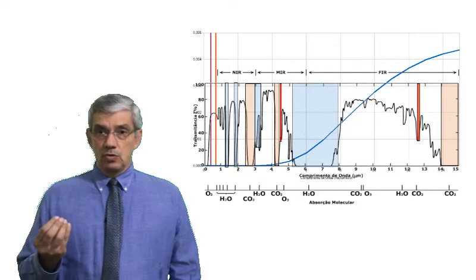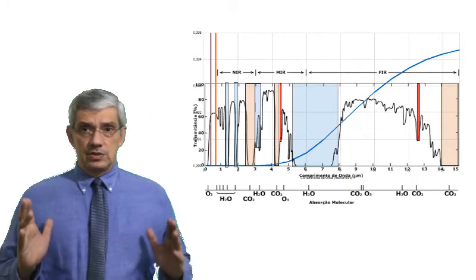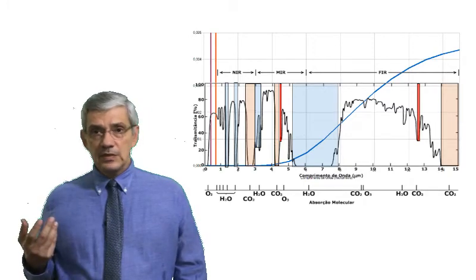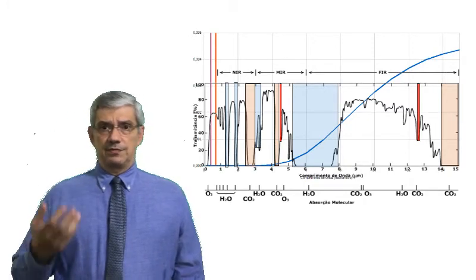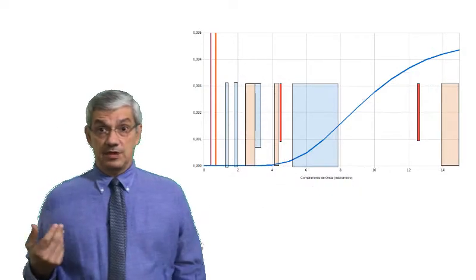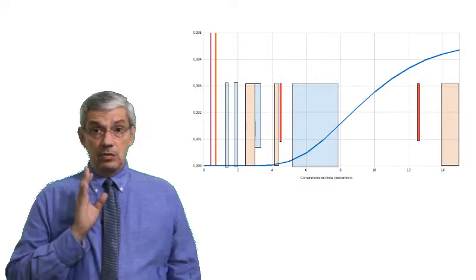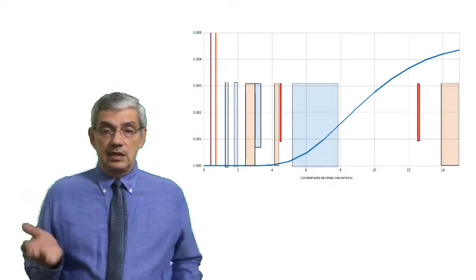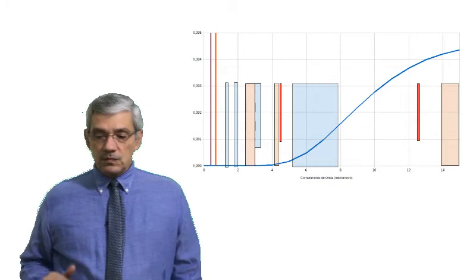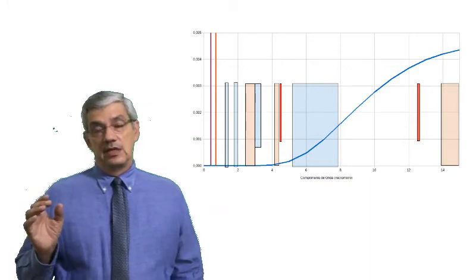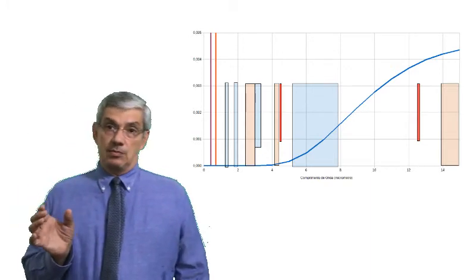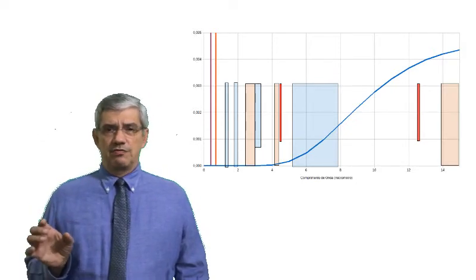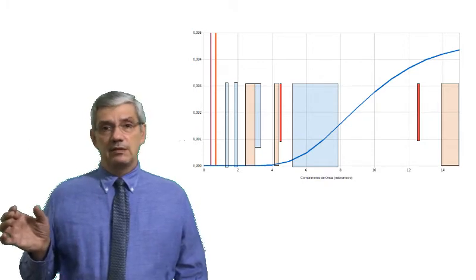Okay, so what? In order to see it more clearly, let's take the figure of the transmittance of the atmosphere. Now you can see that what is blocking the shining of the Earth is carbon dioxide, more or less in the range of 14 to 15 microns.